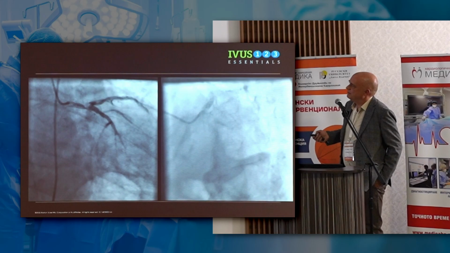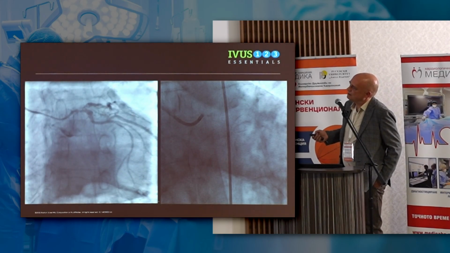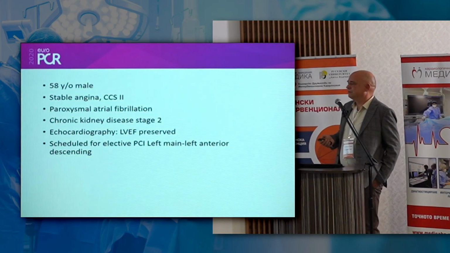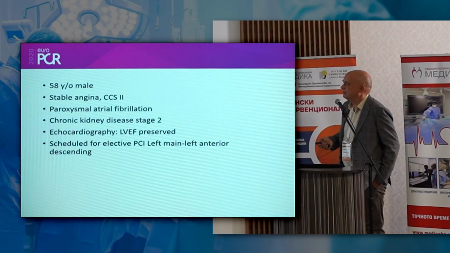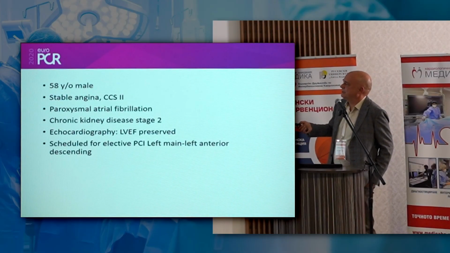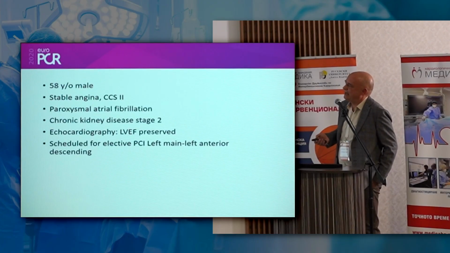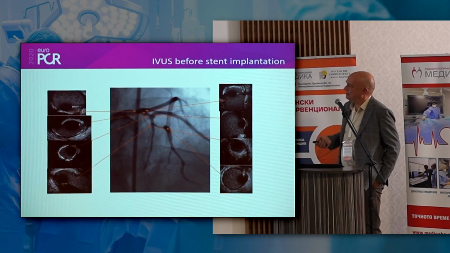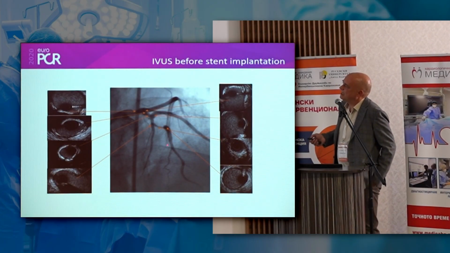I have maybe some additional images. I want to show you one of our patients. It was an ordinary patient scheduled for elective PCI of the left main to LAD. So we performed IVUS before the procedure.